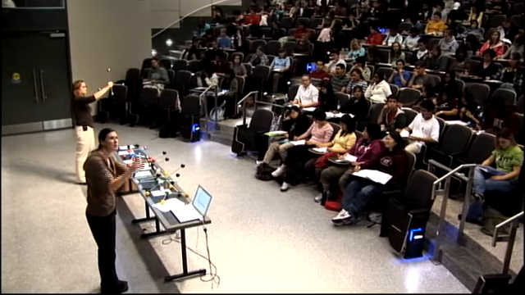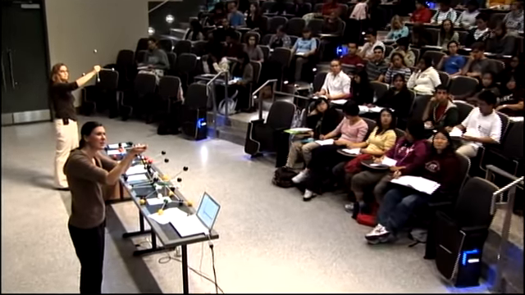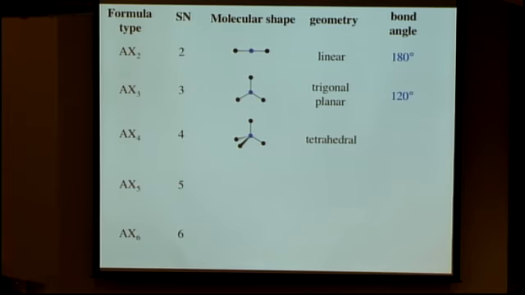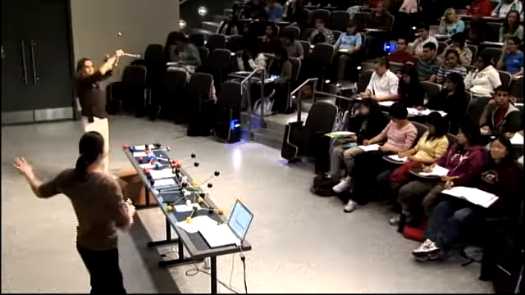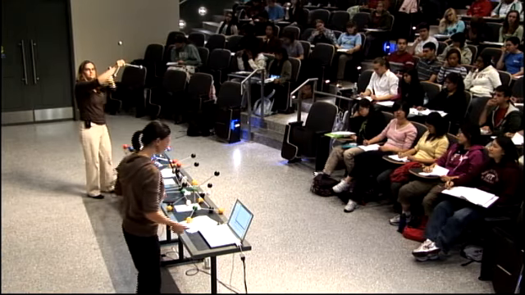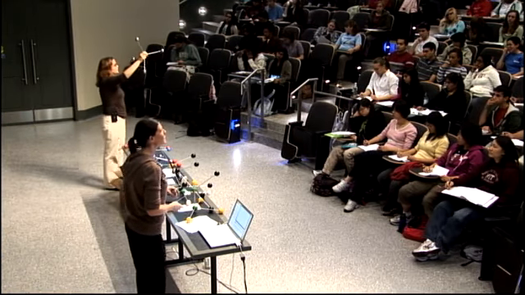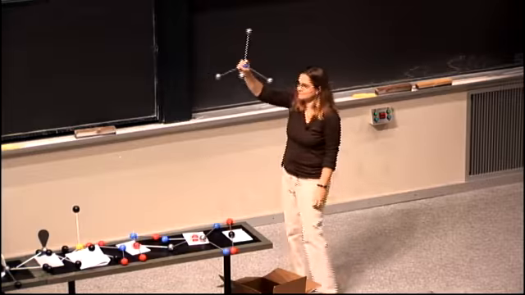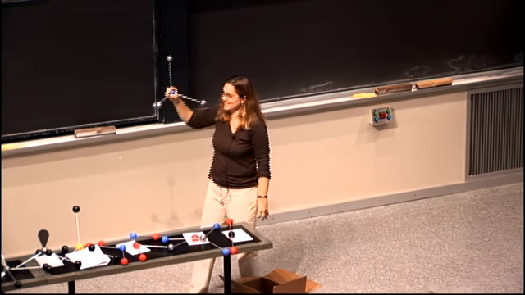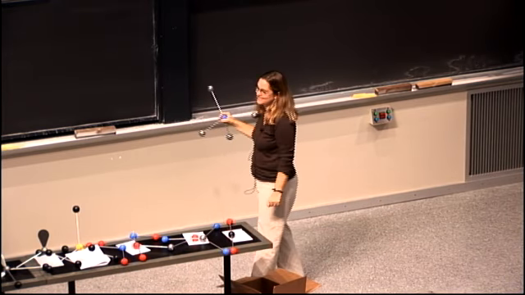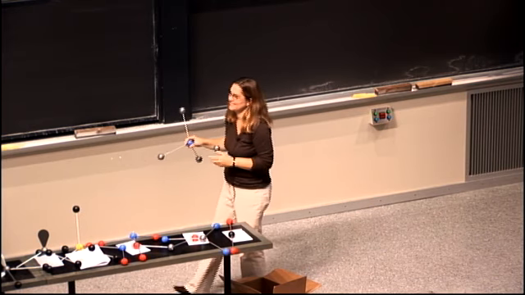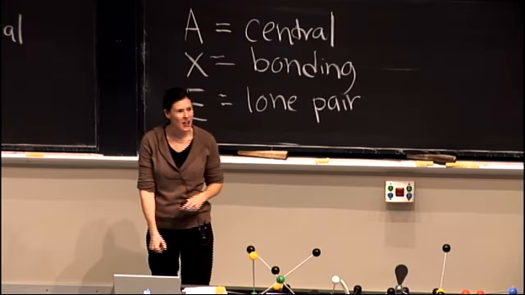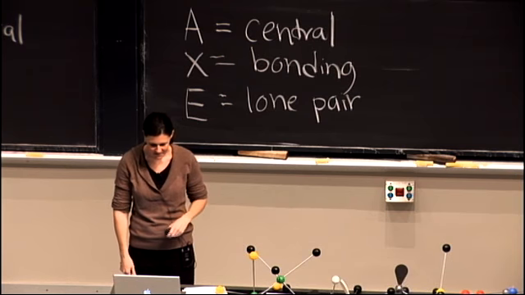And anytime you see a dashed line, which might be easier to see in your notes, that means that the bond is going into the page or into the screen or into the blackboard. And what are the angles for tetrahedral? All right, so they're 109.5, pretty close. That's as far away as those bonds can get from each other, 109.5 degrees.